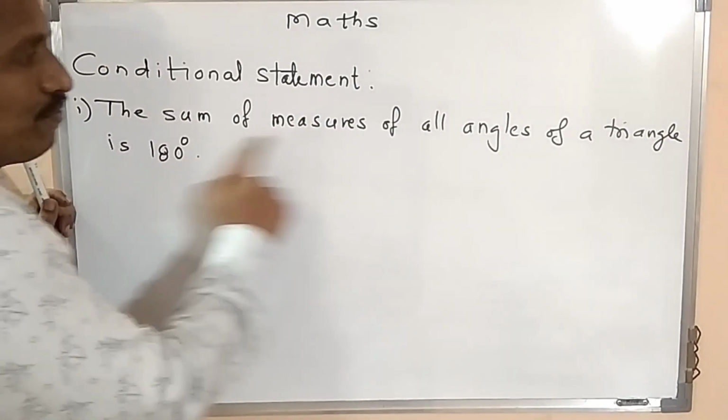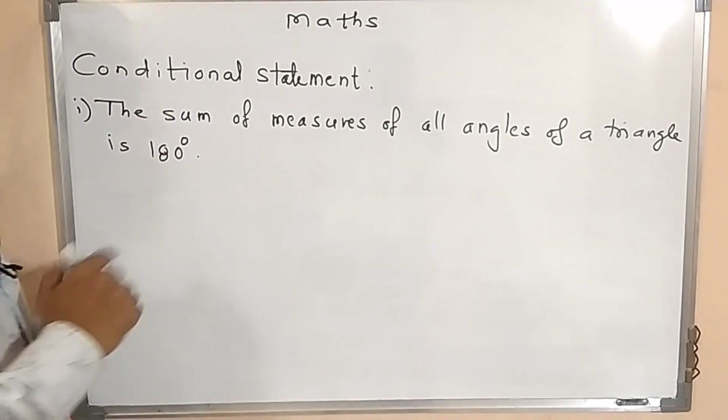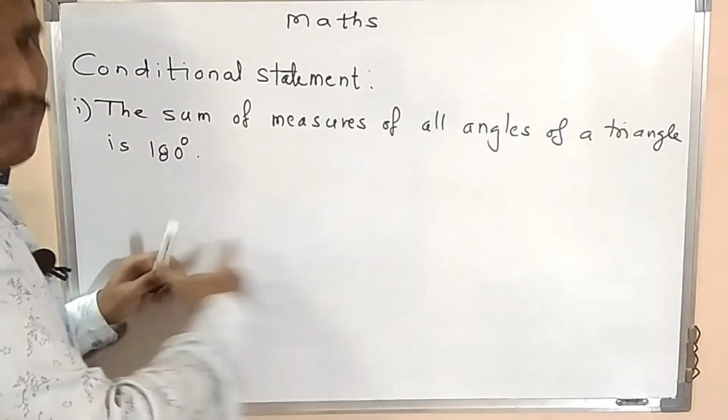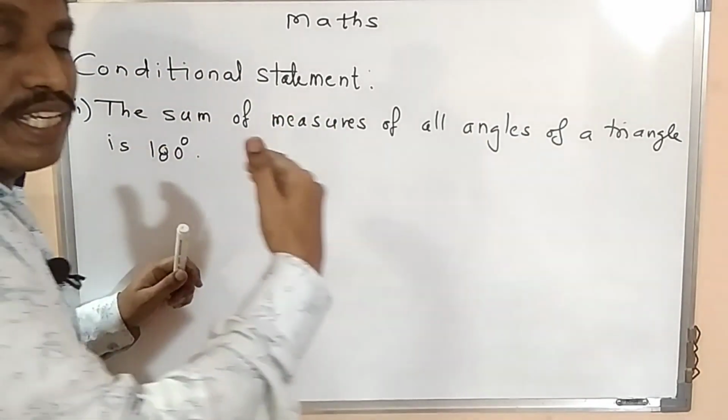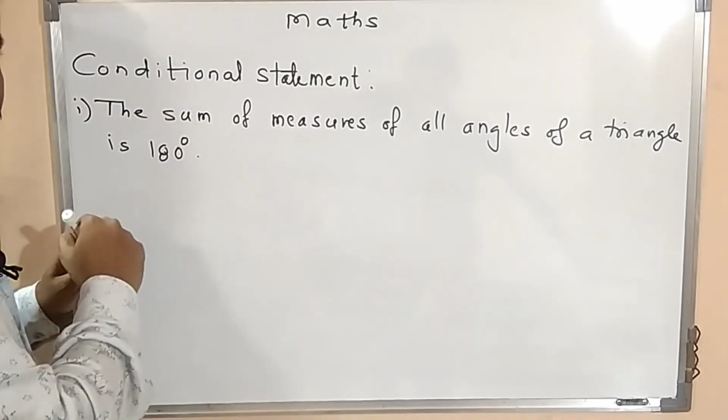The sum of measures of all angles of a triangle is 180 degree. This statement I have to write in conditional form. It means using if-then. How can I write this?